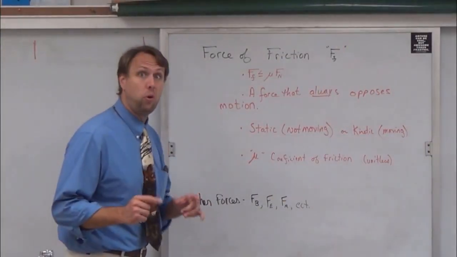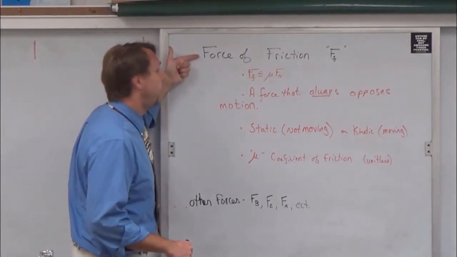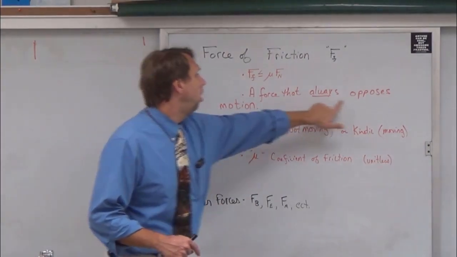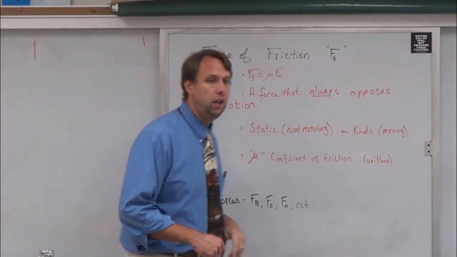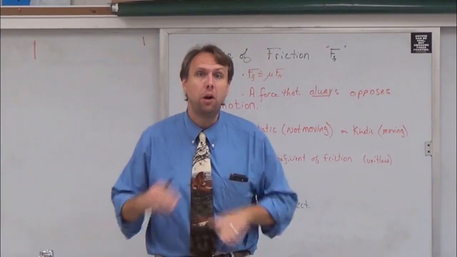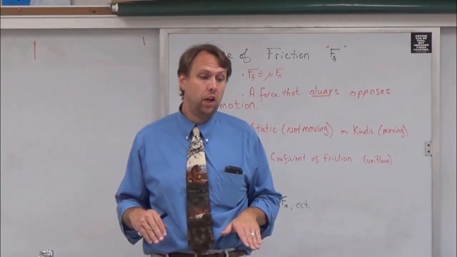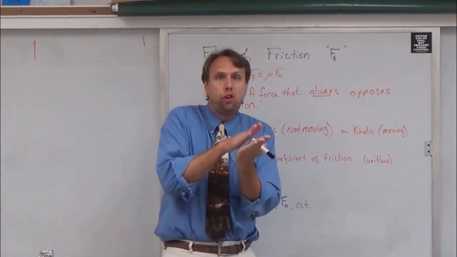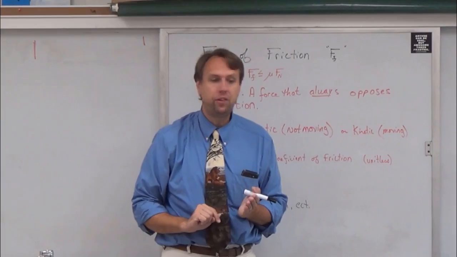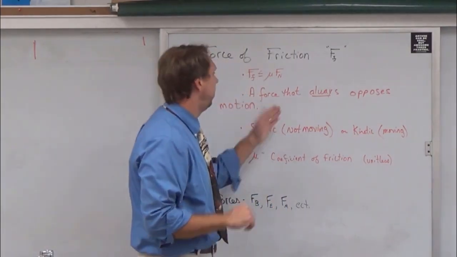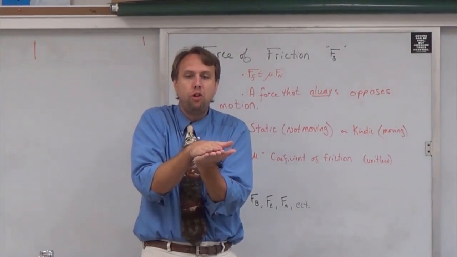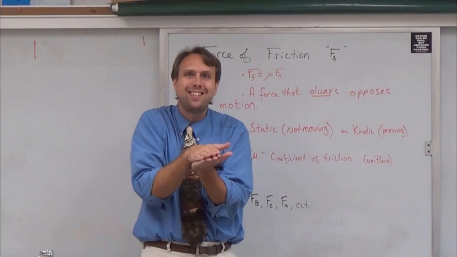So the next type of force is the force of friction, and by definition the force of friction is a force that will always oppose motion that is caused from two surfaces sliding together parallel to each other. So you remember force normal was when two surfaces were in contact, it was sort of pushing perpendicular to the surface. This happens when there's a force that opposes the motion of two surfaces sliding.